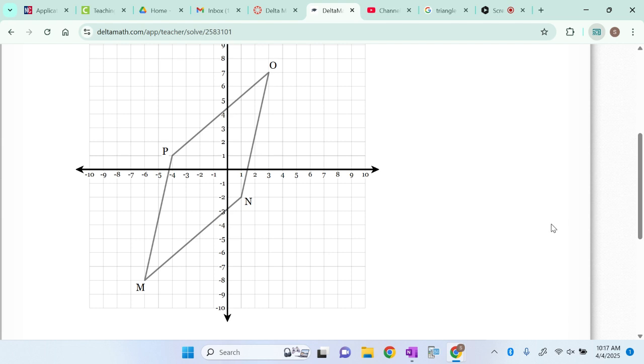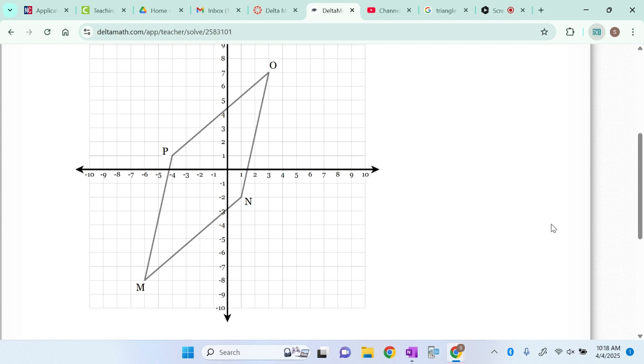So how long is this short side right here? If P's at -4 and M's at -6, how many units away is that? So guys, how do I get from -4 to -6? It's 2 units. So this is 2.